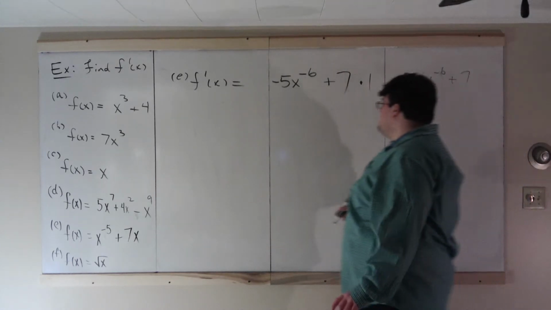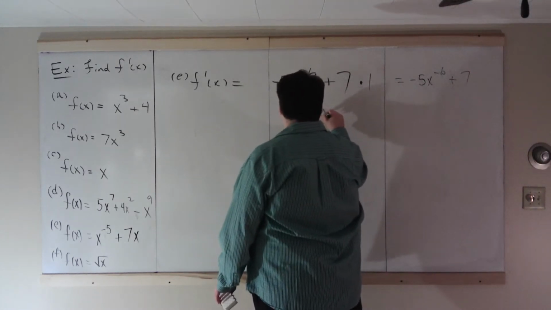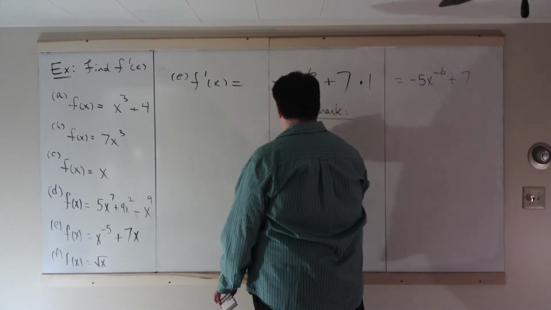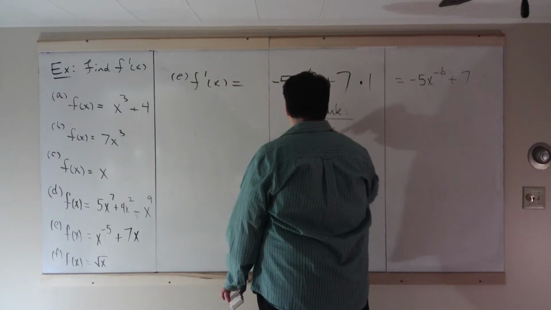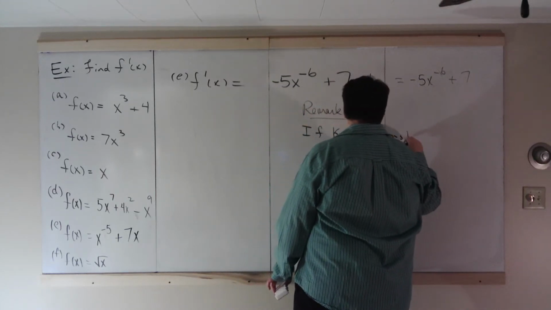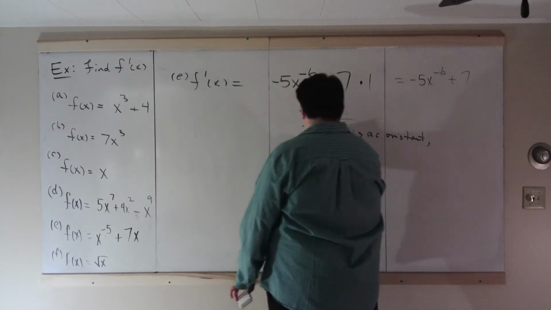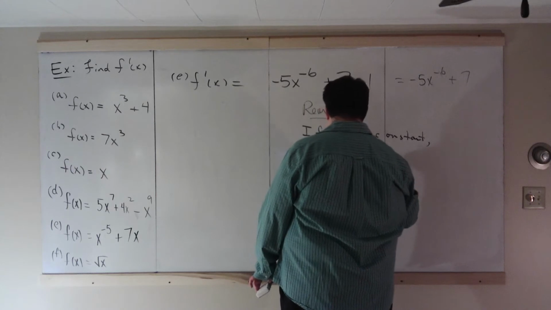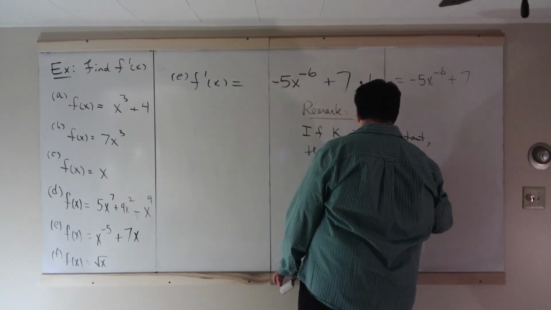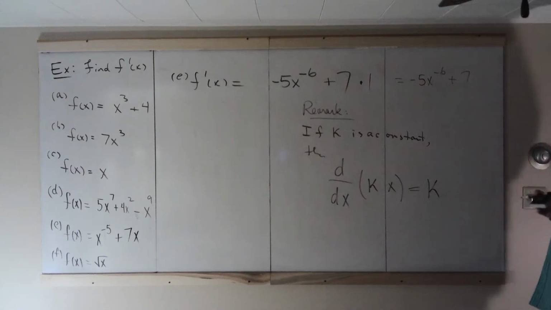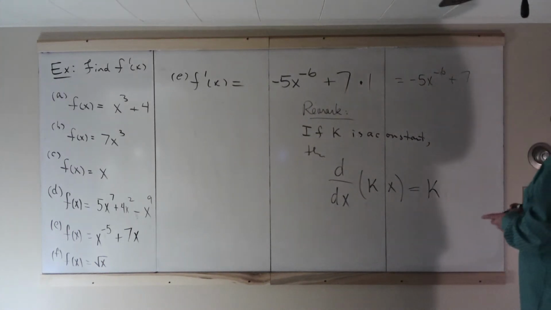So now we will make a remark. If k, it's more of a theorem, is a constant, then the derivative of k times x is just k. Remember, this is another of our derivative notations.